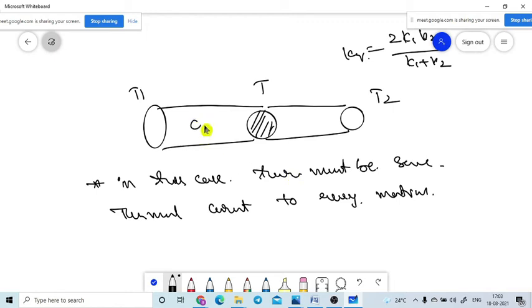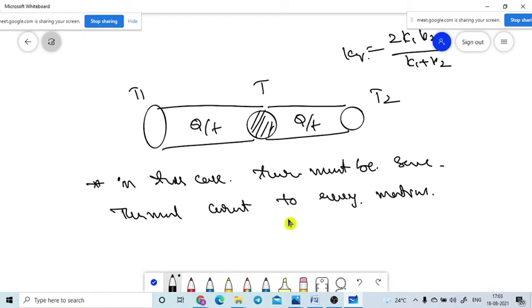So here Q by T is constant, here Q by T must be constant. Are you getting or not? Yes sir. Hello, don't get confused. I am just applying the formula for materials connected in series.